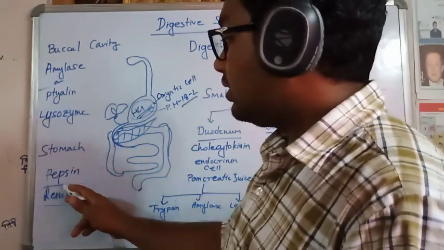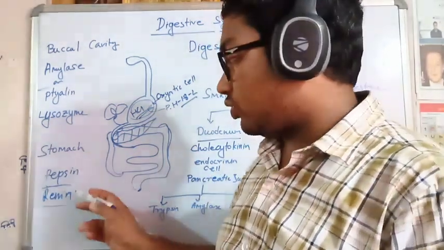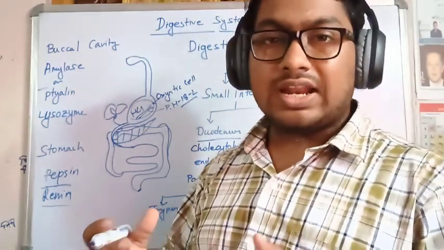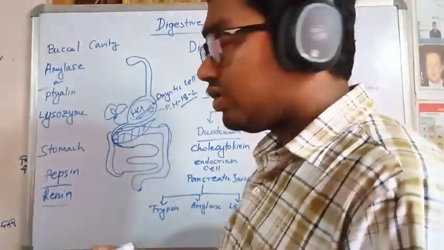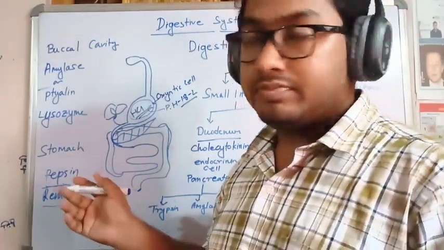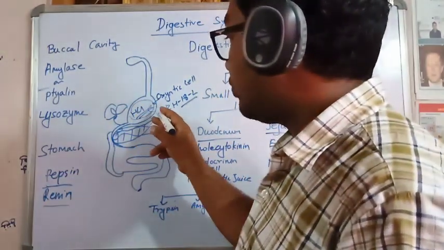Pepsin breaks protein into peptones, and renin breaks caseinogen into casein, also called calcium paracaseinate, which is found in milk. So these are the two enzymes found in the stomach.